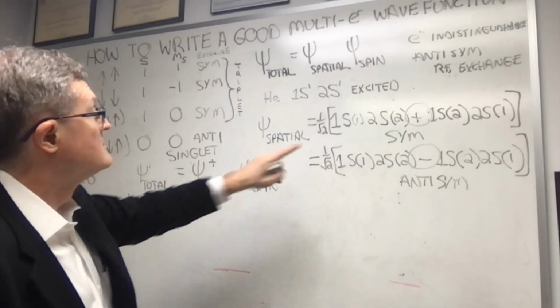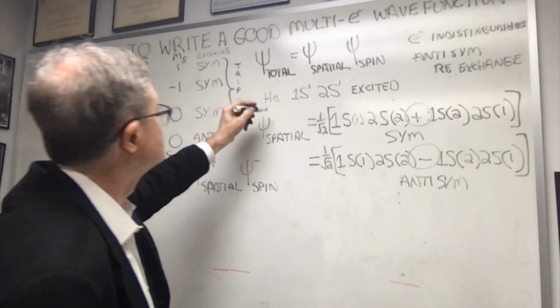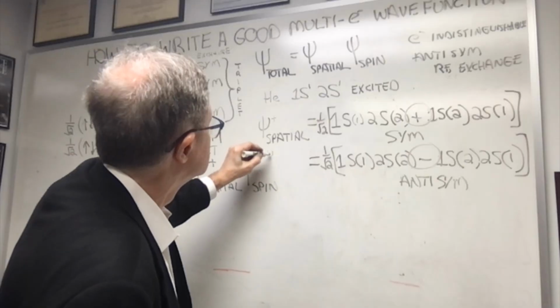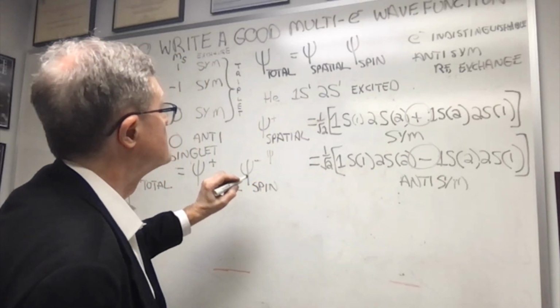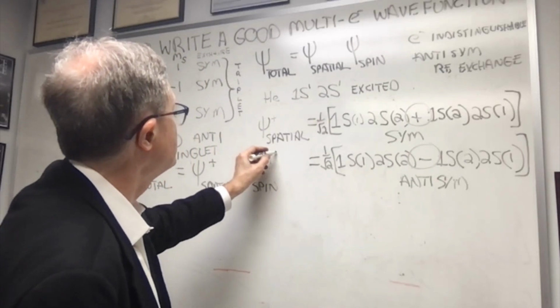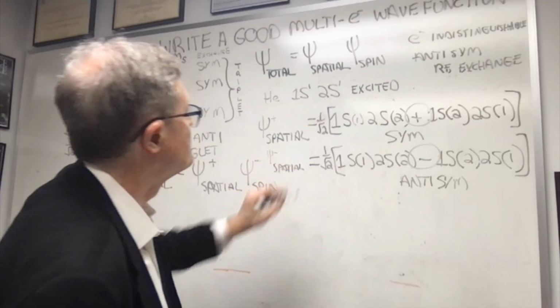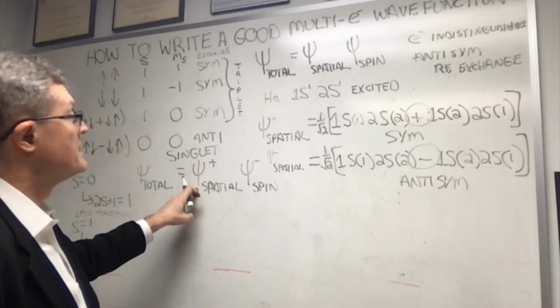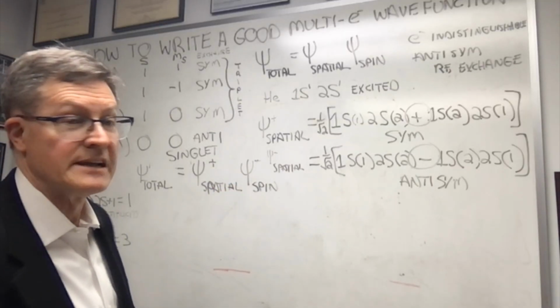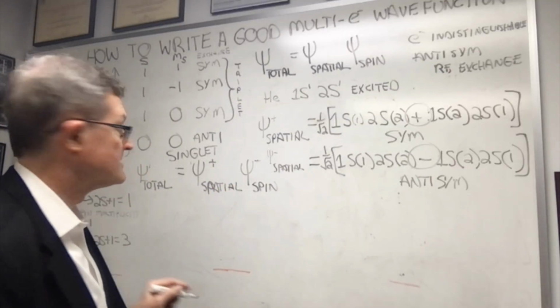There's a symmetric spatial part, and there's an antisymmetric spatial part. If we take the symmetric part, we have to pair it with an antisymmetric spin part. That's a singlet state.